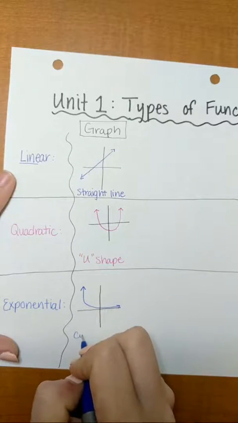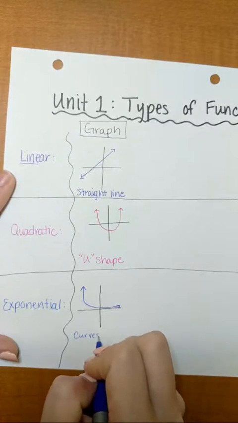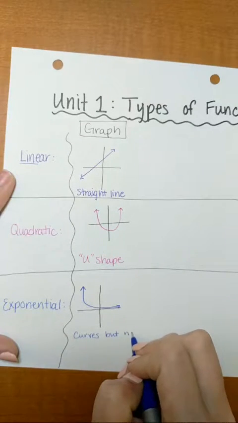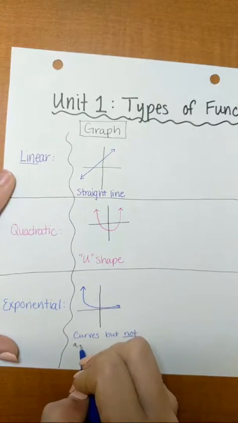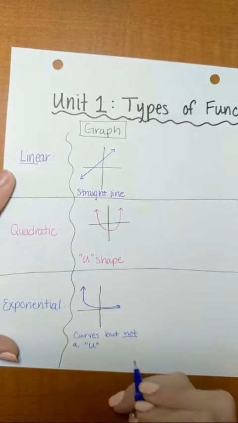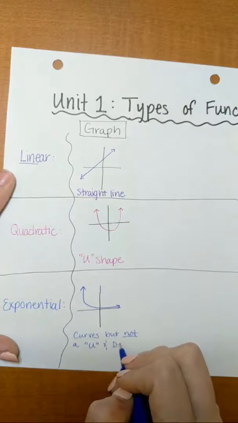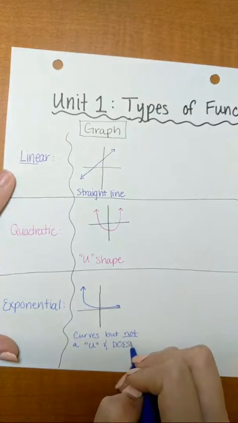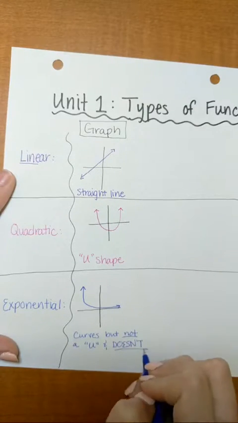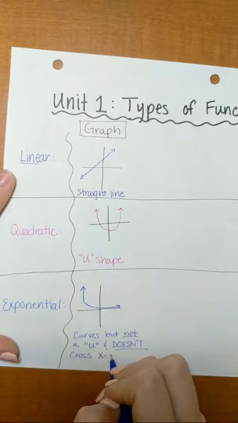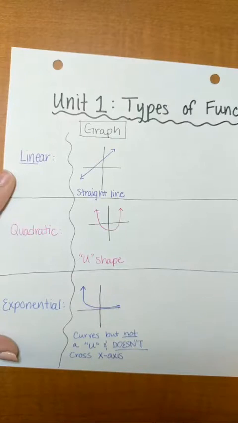So it curves, but it's not a U, and it doesn't cross the x-axis.